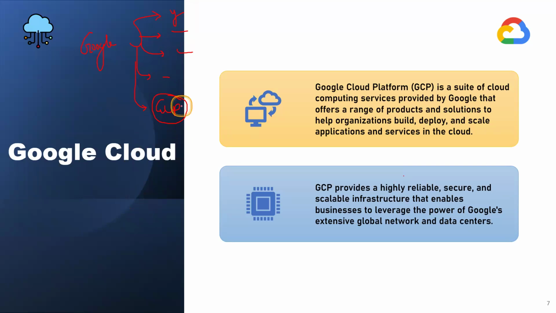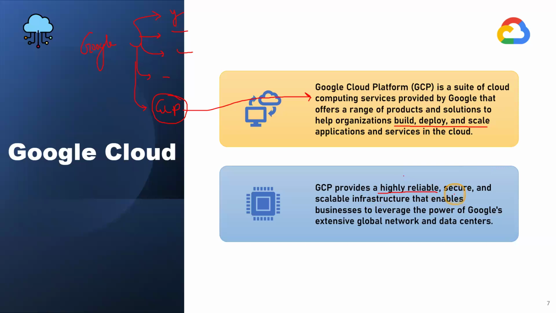What they do is provide you cloud computing services, and these services are very useful for organizations to build the applications, deploy the applications, and scale the applications and services in the cloud. And these services are highly reliable.